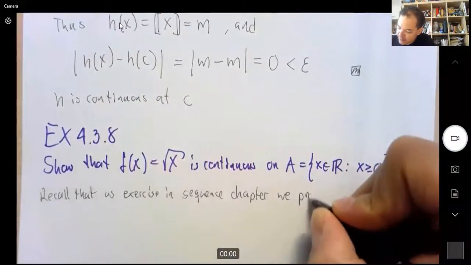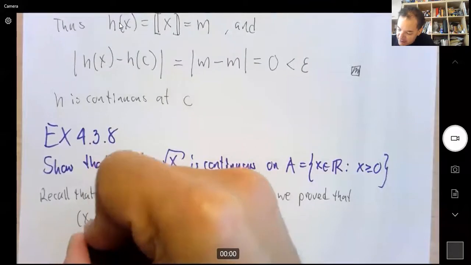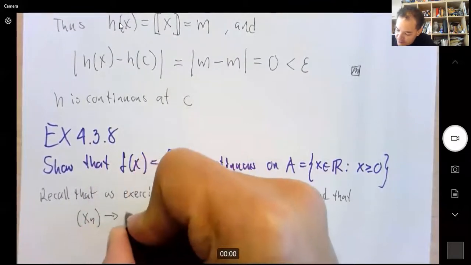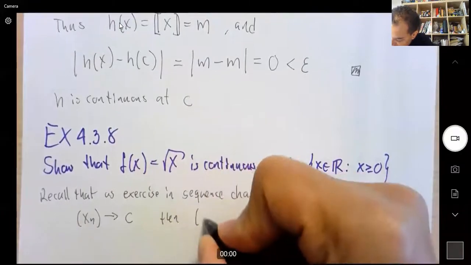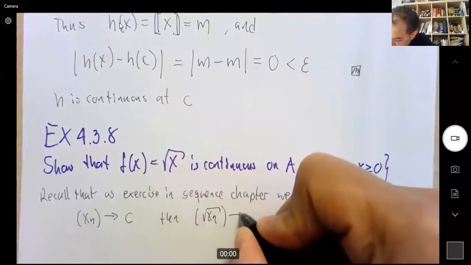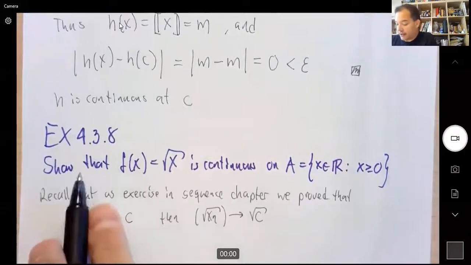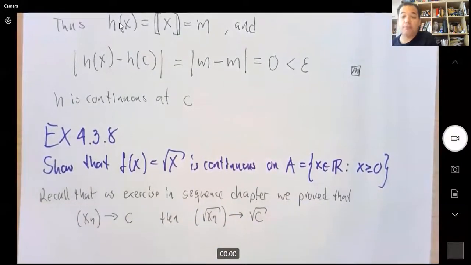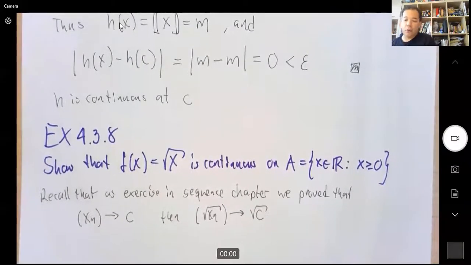We proved that if you have a sequence x_n that approaches c, then root of x_n approaches root of c. And if you know this, then you can use the sequence criterion for continuity, and then we're done. That's the proof that this is continuous. All right. So that would be one way of doing it.